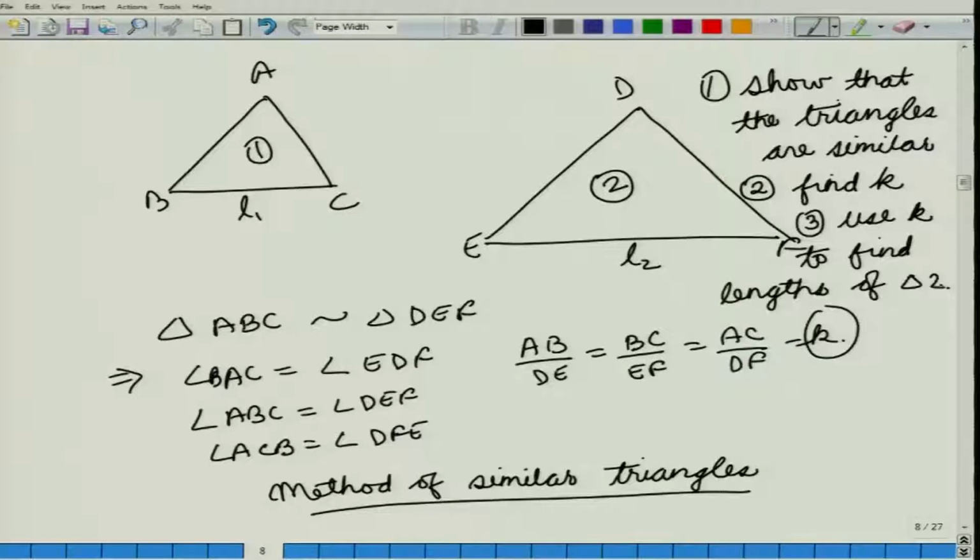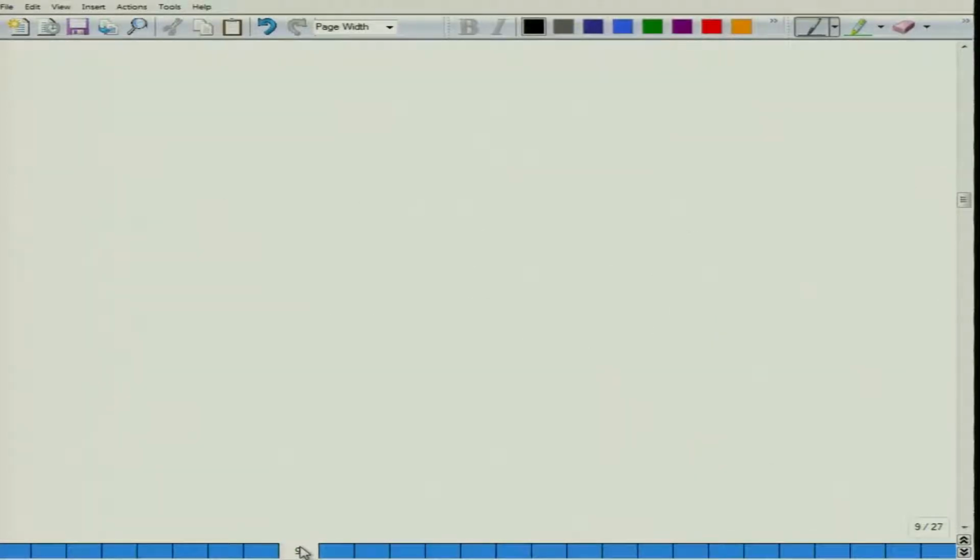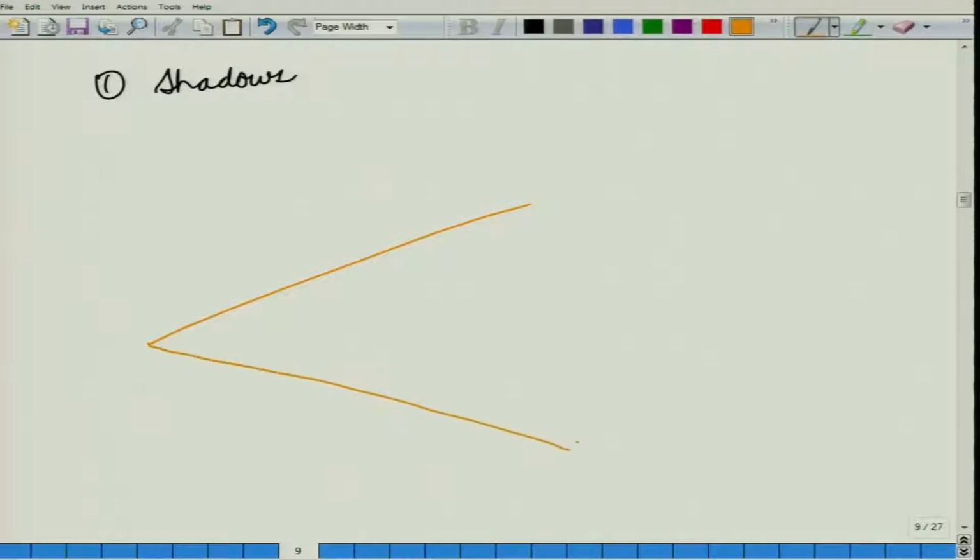So, how do we use this method in the field? The first way of using this method would be using shadows. Now, as we know, if we have a source of light and if we keep some object in front of it, then the rays of light get blocked by this object, and on the screen we would be having a shadow.